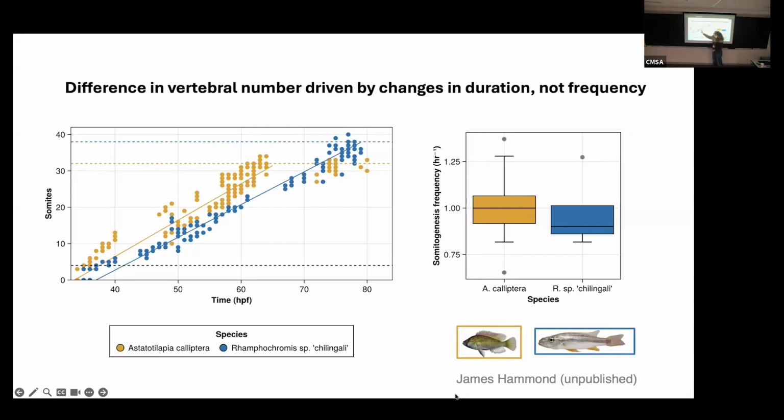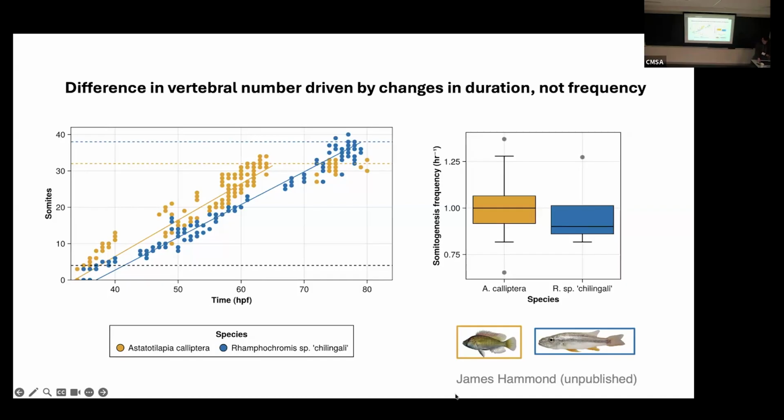The rate of somitogenesis is very similar between the two. It's a little bit faster in chilingali, but very similar. If you calculate this, you need 8 more hours of somitogenesis to make the extra somites that this one has. So it's a difference in the duration of somitogenesis.